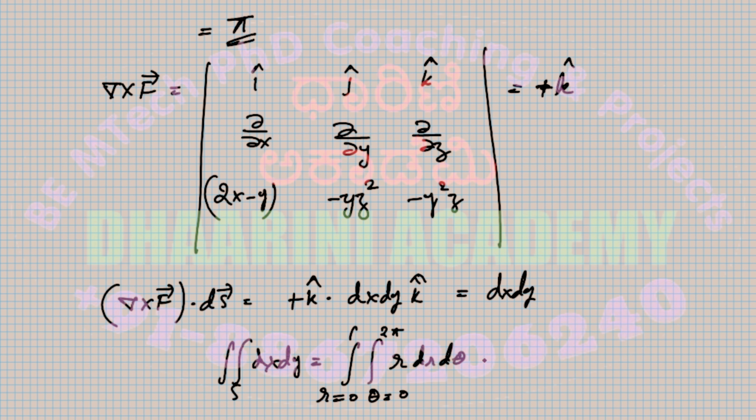This is what you are going to solve ultimately. But anyway, I know the answer now. This is pi into r squared, r equal to 1, so pi. There was a minus dx dy, so there was a minus outside.